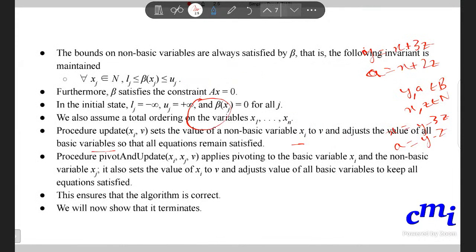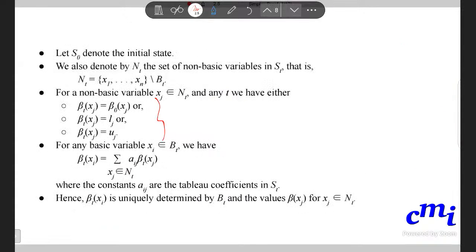Now, for any basic variable x_i belonging to B_t, we have beta_t of x_i equal to the summation over x_j in N_t of a_ij times beta_t of x_j, which is basically just the tableau. This is where I meant that I won't specify a_ij^t, but technically it is a_ij^t, where the constants a_ij are the tableau coefficients in S_t. Another important observation is that beta_t x_i is uniquely determined by B_t and the values beta x_j.